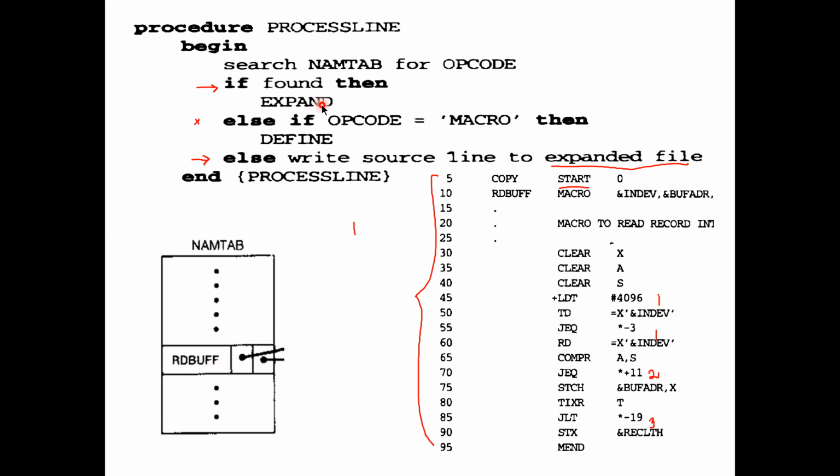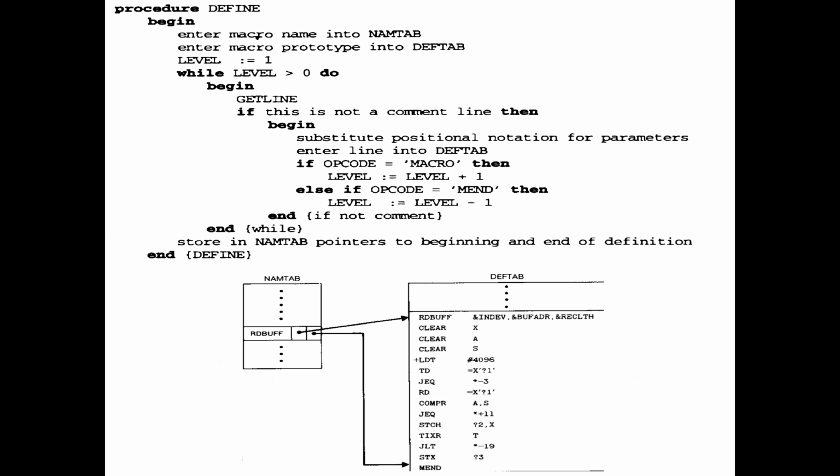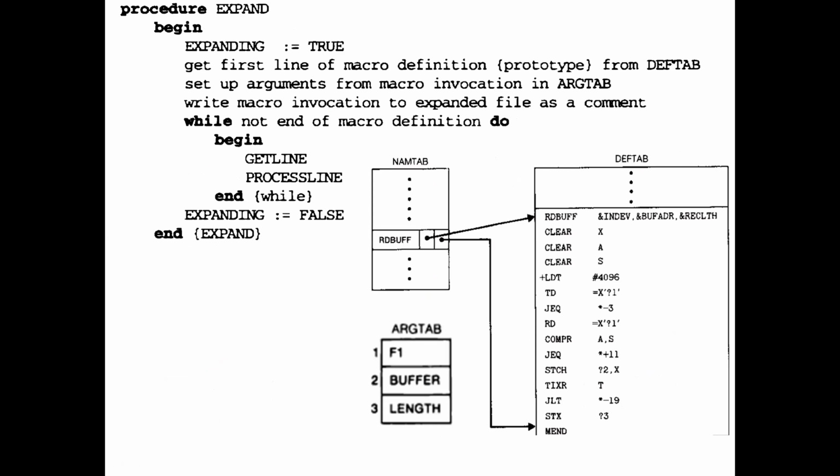So far we have seen get line, we have seen process line, we have seen define also. The only procedure which is left is expand. So what happens in expand is it will take the statements from definition table and write it to the expanded file.